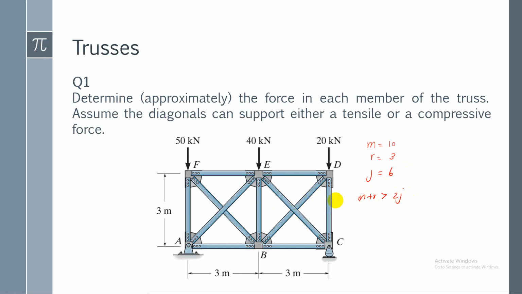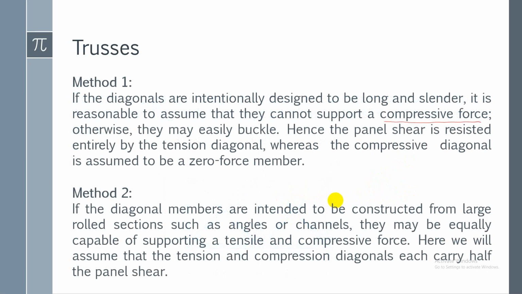So now what we can do is we can use one of these methods. Method one is, if the diagonal member is long and slender, we can assume it carries only tensile forces.